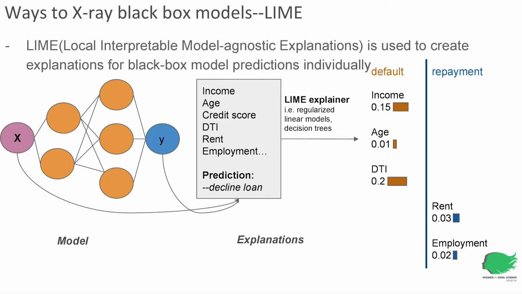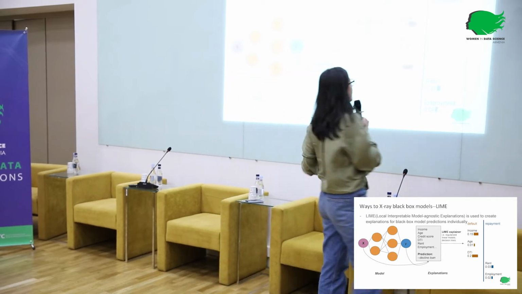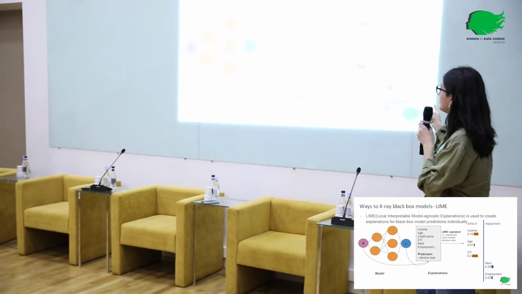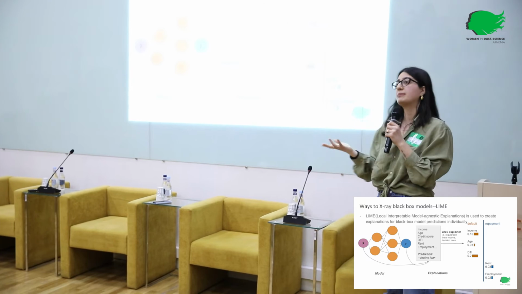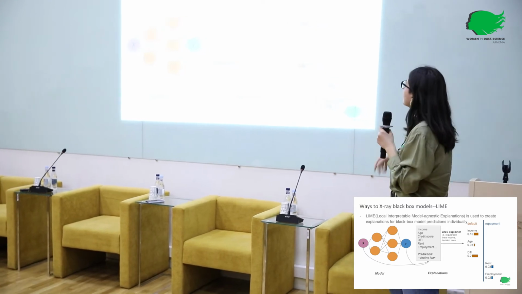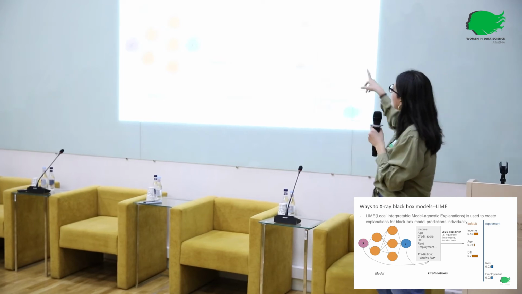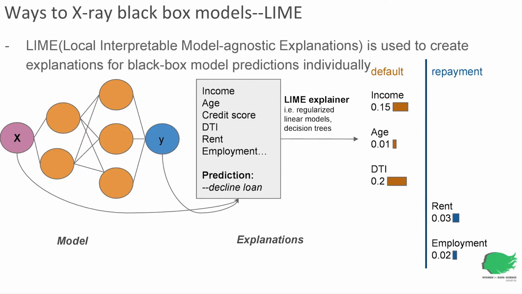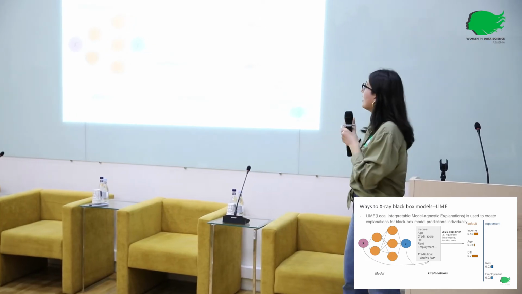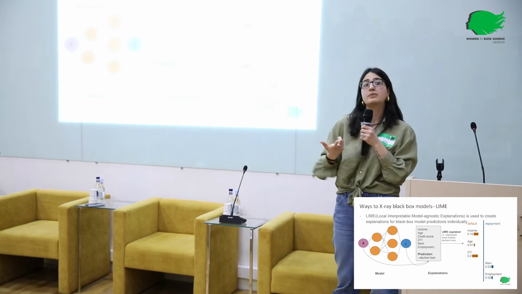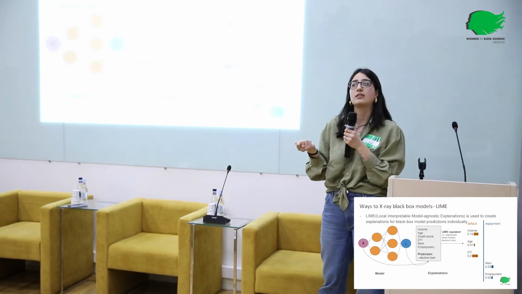explain that exact prediction. On the right part of the slide, you can see the output of LIME if we implement it in Python, and it's very easy and straightforward to do in Python. How we can read it is that, for instance, income of this person was quite low, and that's why it dragged down the probability of this person repaying the loan.